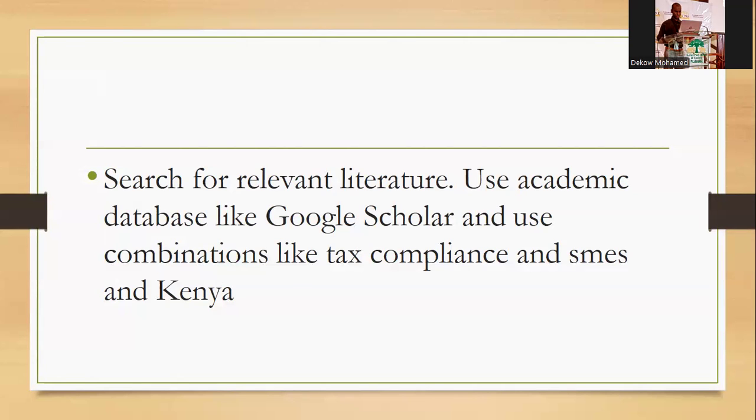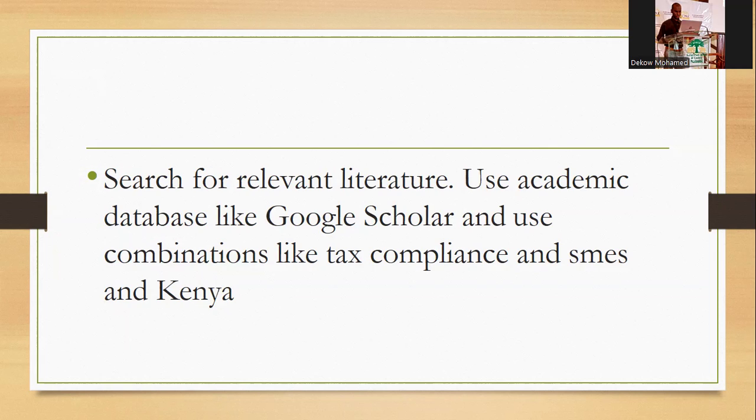After you define your topic, you search for relevant literature. By searching for relevant literature, it helps you in converging your ideas. You can use academic tools like Google Scholar. And if you're using Google Scholar, there is a way to search.